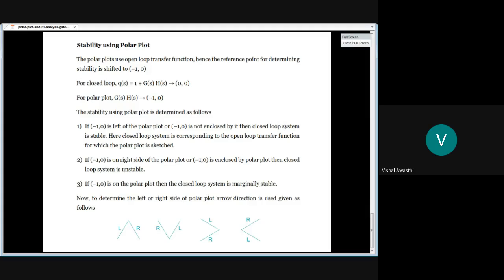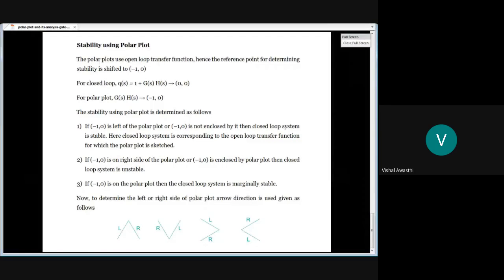So if your -1, 0 is on the right side of the polar plot, or you can say it is enclosing your polar plot, then the closed loop system is unstable. And if it is not encircling or enclosing your -1, 0 point, then your closed loop system is stable.